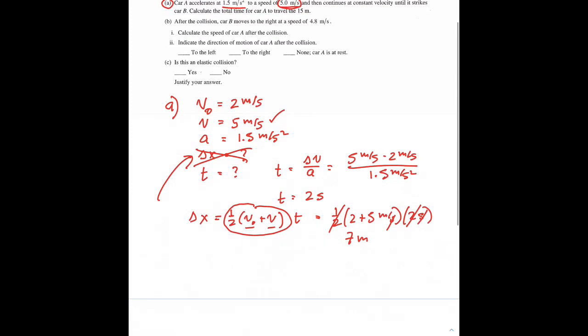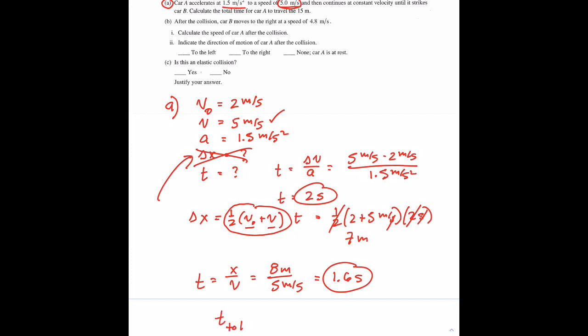We have 2 seconds to accelerate, and then we can just use the dirt equation: distance is rate times time, so time is distance divided by rate. We're left with 8 meters of travel at a speed of 5 meters per second. This comes out to 1.6 seconds. So all we need to do is add the 1.6 seconds to the 2 seconds for a total amount of time of 3.6 seconds.